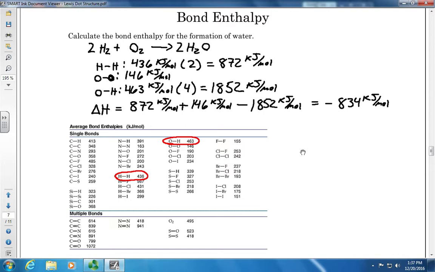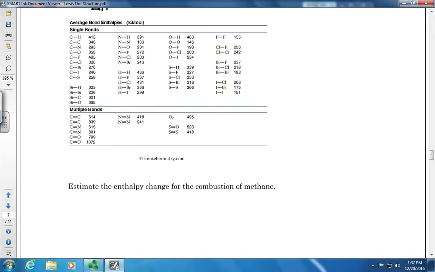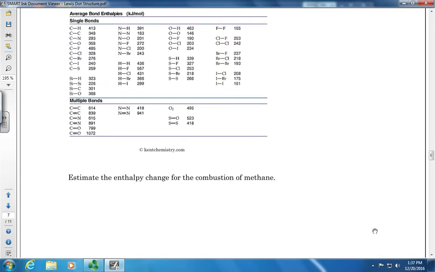Let's look at another example. We're going to use the same chart, so I'll clear that up. Okay. So we're to estimate the enthalpy change for the combustion of methane. So what does the combustion of methane look like?